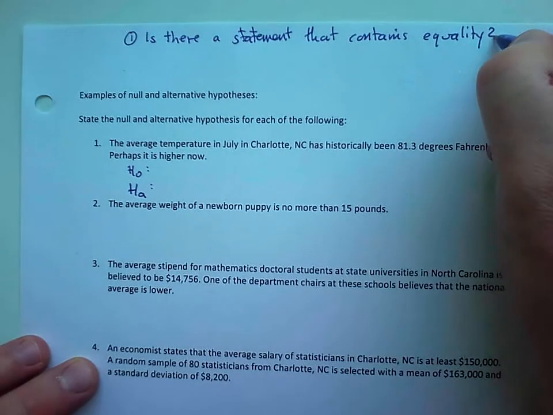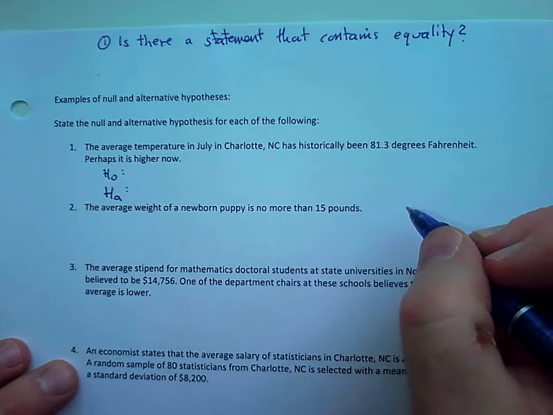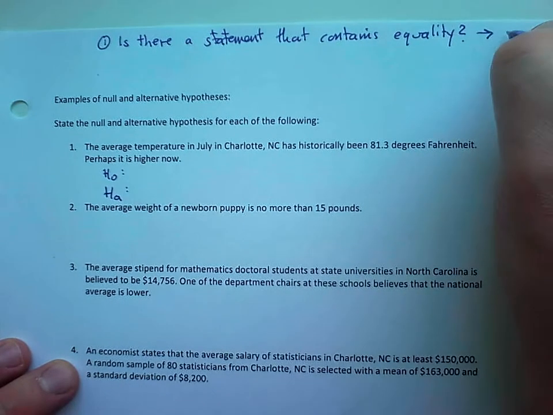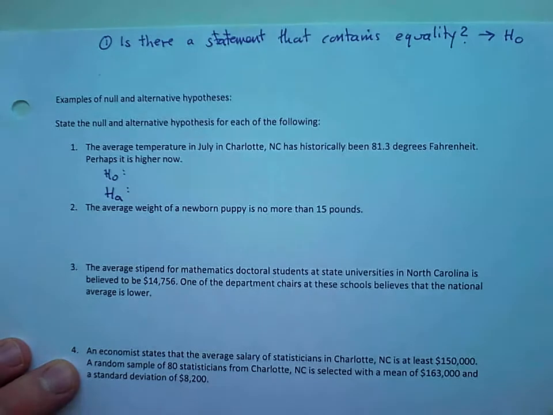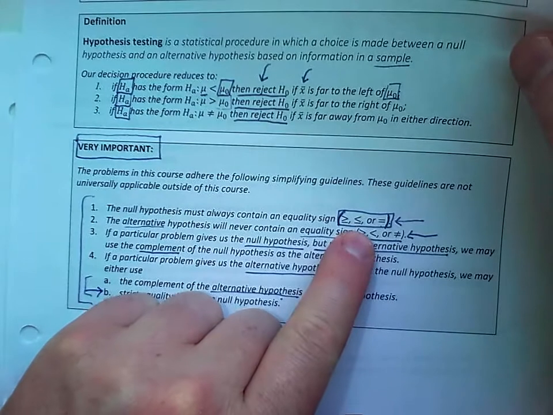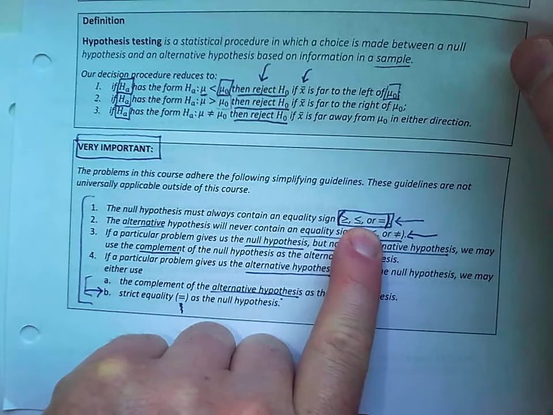Is there a statement which contains equality? And if there is one, that's going to become our null hypothesis. Because remember that our null hypothesis must contain an equality symbol.